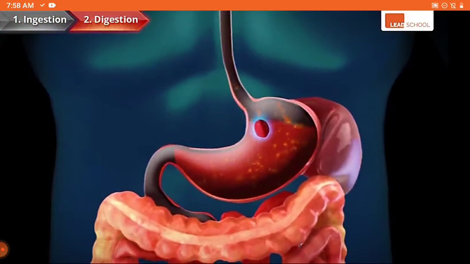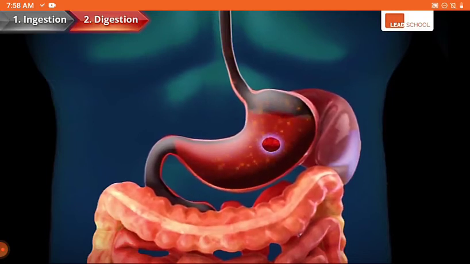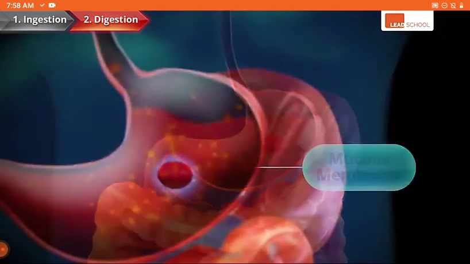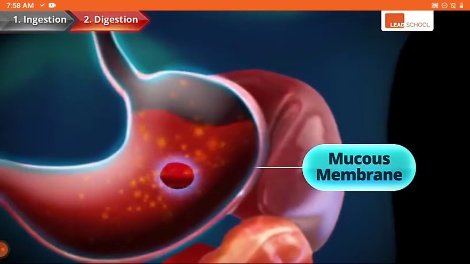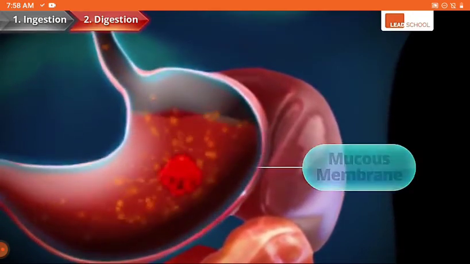In the stomach, the muscular activity mixes the food with hydrochloric acid and digestive juices. But acid is harsh, isn't it? Won't it damage the stomach? Well, the mucous membrane protects the inner lining of the stomach from the effects of the acid.